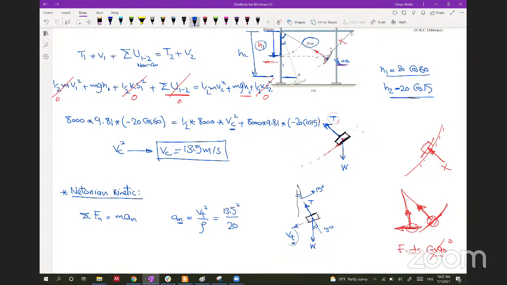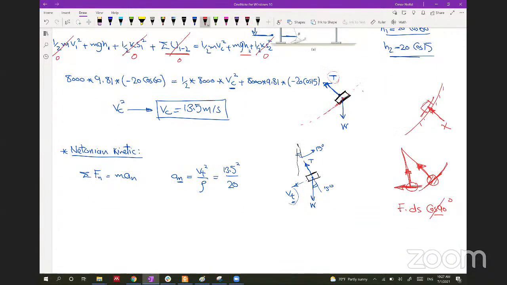So let's see what forces we have in the normal direction. Okay, I will draw this body again.